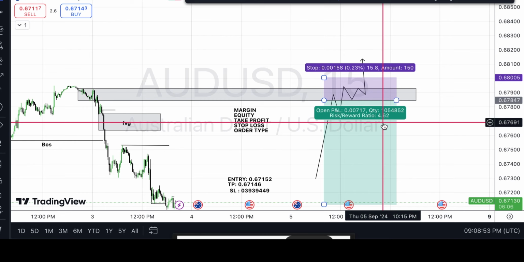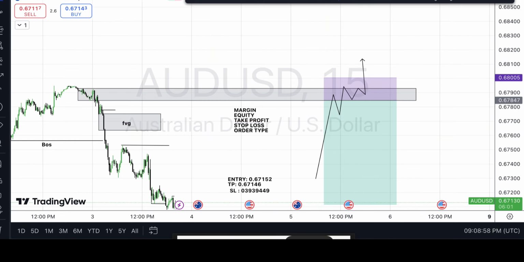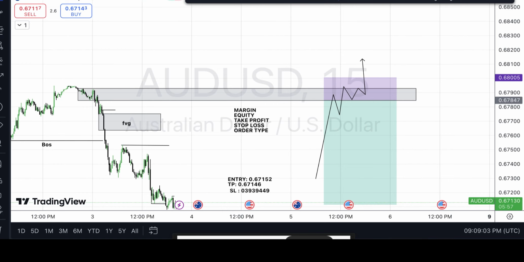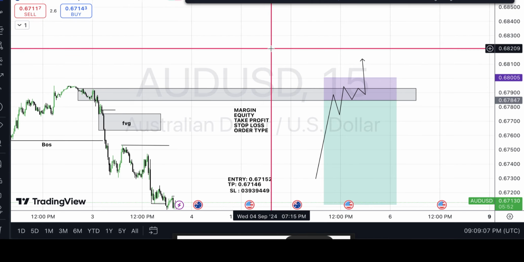Setting stop loss. Let's talk about setting stop loss. When setting a stop loss level, consider factors like your risk tolerance, your trading strategy, and technical analysis.